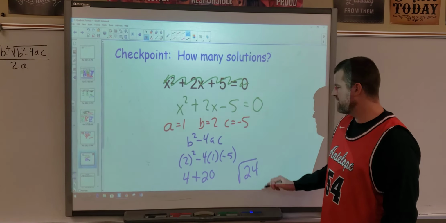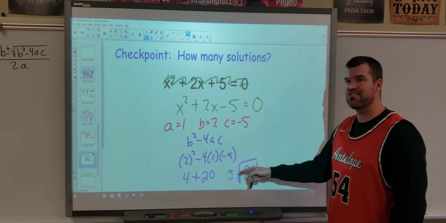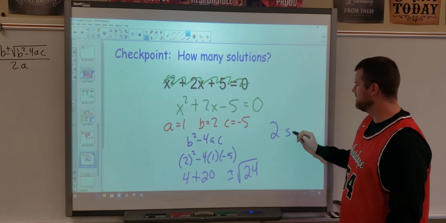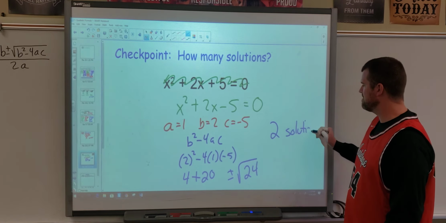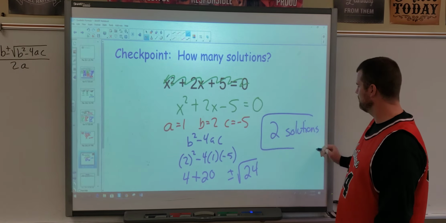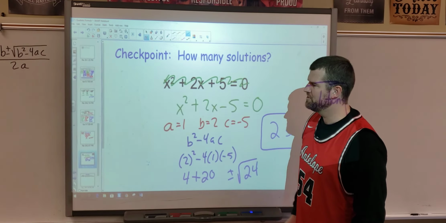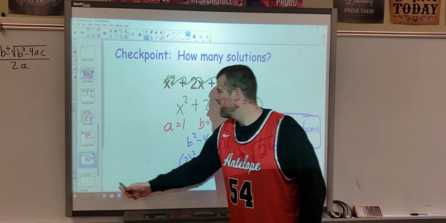So if our discriminant is positive, that means we're going to add and subtract that number when we're completing the problem, so we will get 2 different solutions. All right, this one would not have given you no solution. We already did 2 of those, so I changed it.